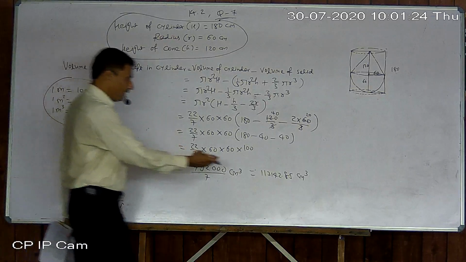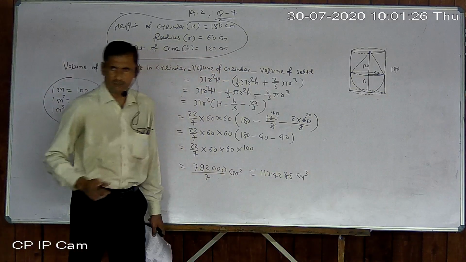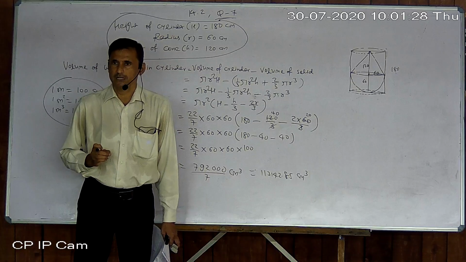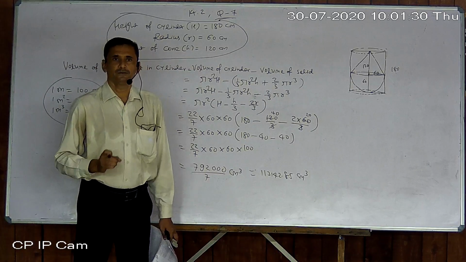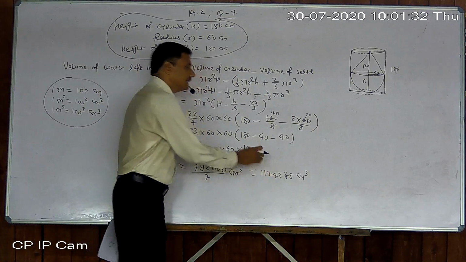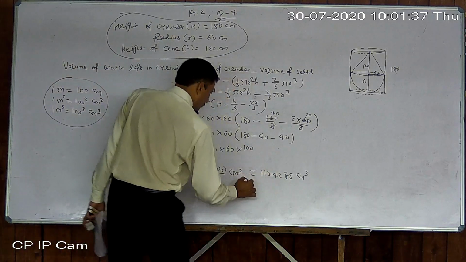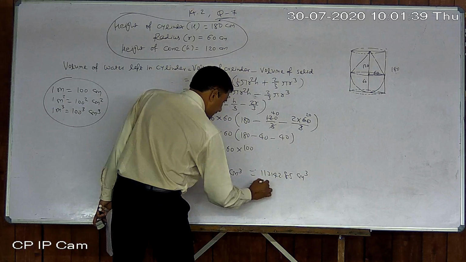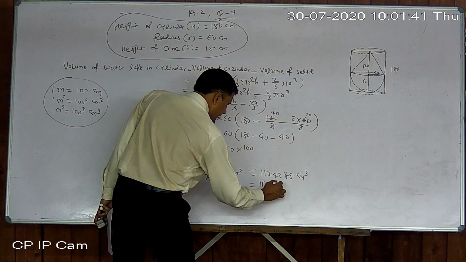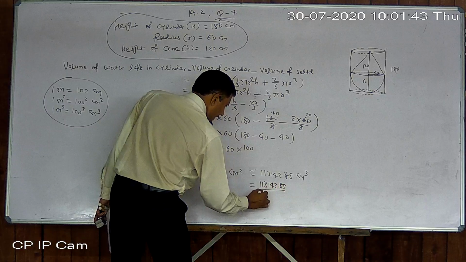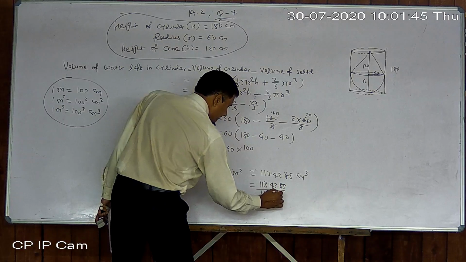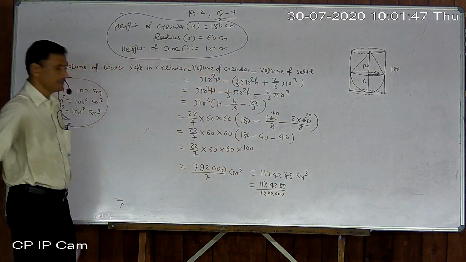Because the numerical value, the answer, is so big, so we have to give that answer in a bigger unit, not a smaller unit. So now I just divide that part by 10 lakh. Okay, 6 zeros are there.